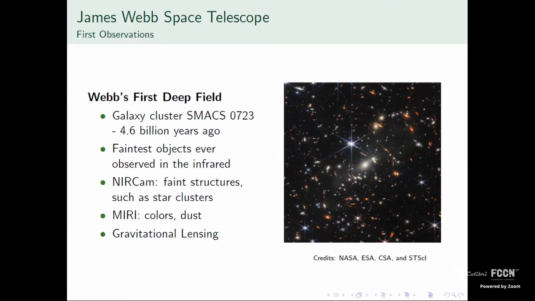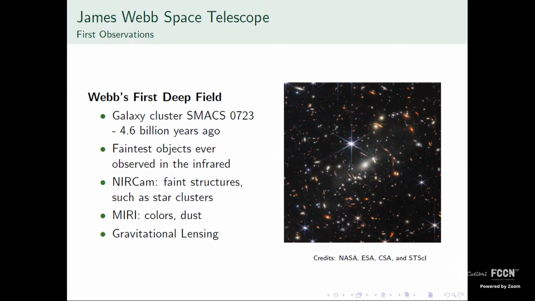And we can also see some effects. I don't know if you can see, but there are some arcs in the picture, and that is the effect of gravitational lensing. So the light that is coming from objects behind the galaxies is actually being bent by the mass of this galaxy cluster.